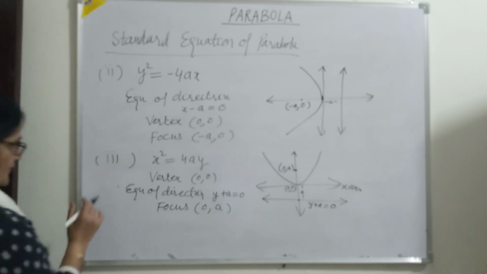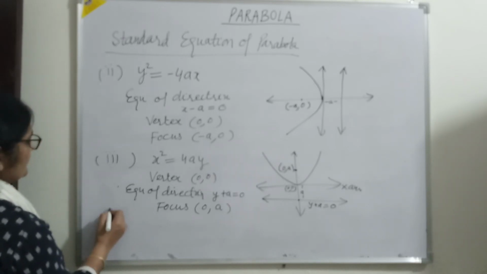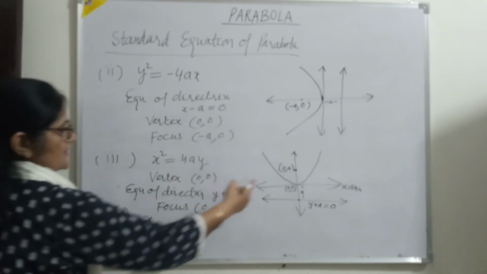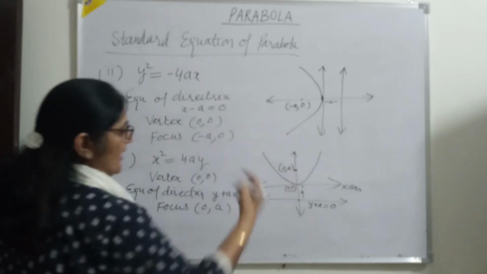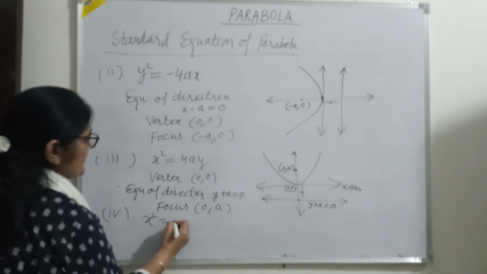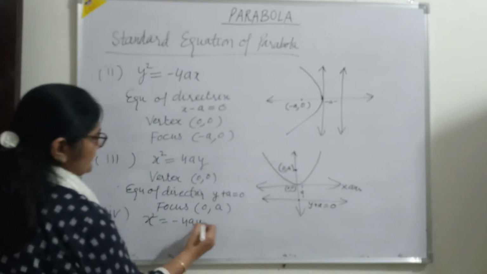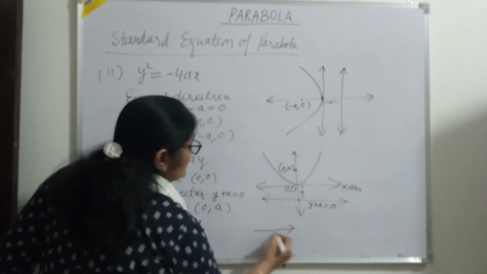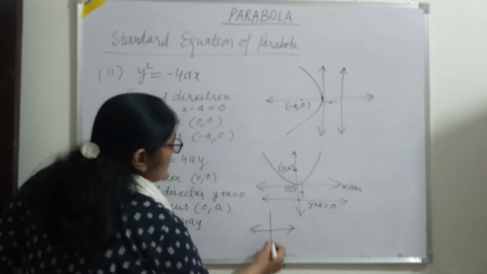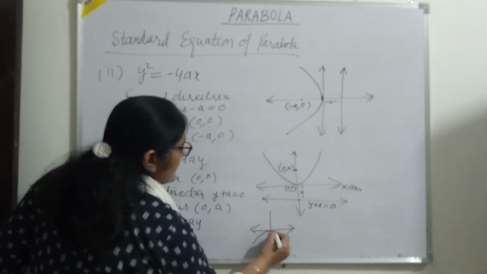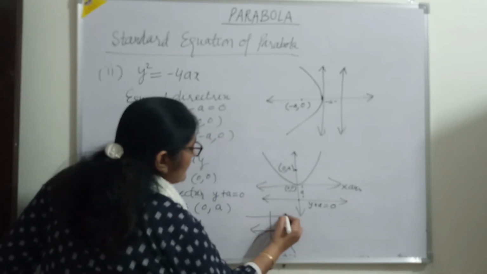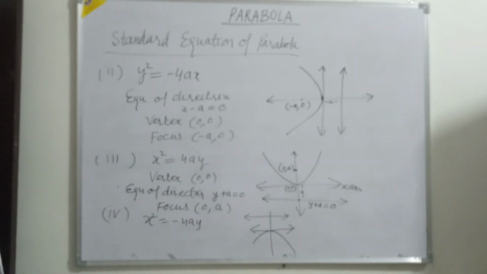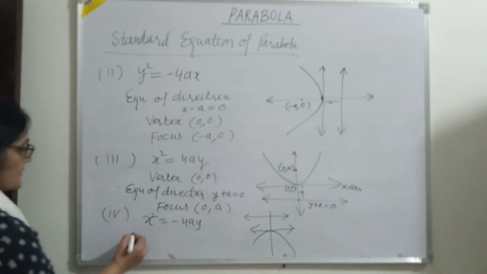Now the fourth is also a standard form. This is an upward parabola. Now x² = −4ay is a downward parabola. The equation is x² = −4ay.